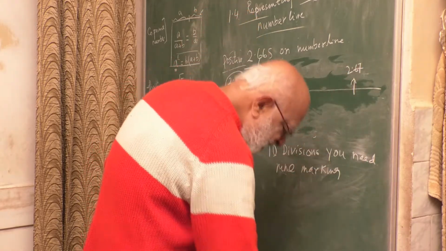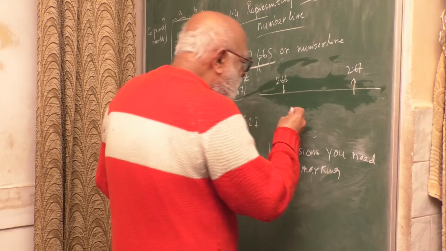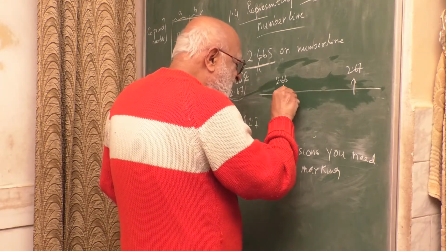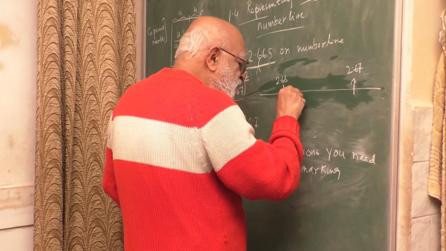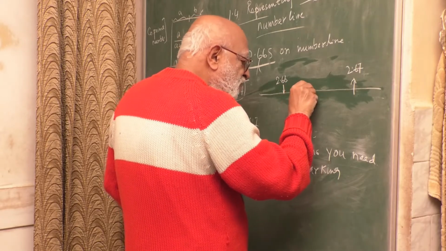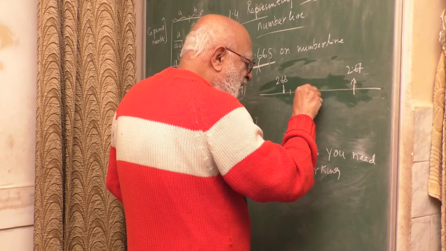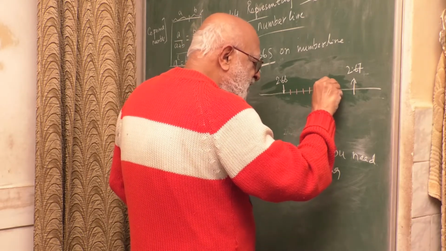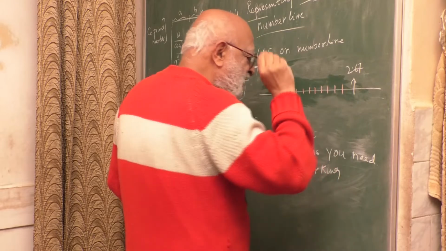Again divided it into 10 equal parts. That means I need 9 divisions. So 1, 2, 3, 4, 5, 6, 7, 8, 9.